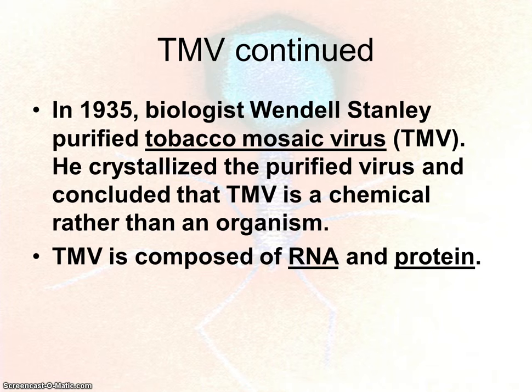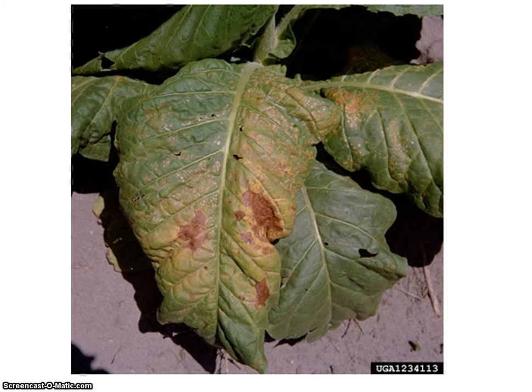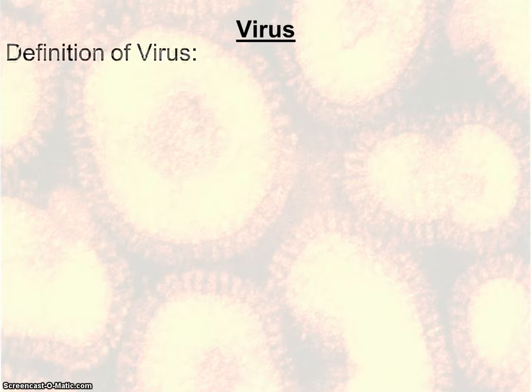We found that it was composed of just a couple of things: RNA, which was its genetic material, and protein. That's all the virus had. Here's a picture of what the virus can do as far as the decomposition and stunting of the tobacco plant.